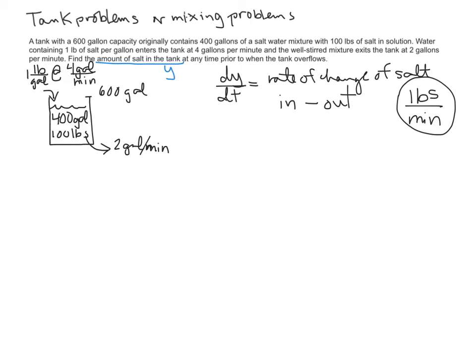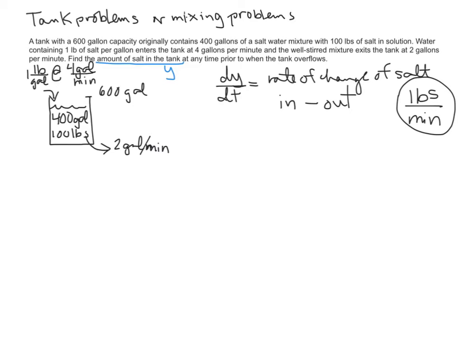That when we look at what's going into the tank versus what's going out of the tank, we want to make sure that both of those things have the units of pounds divided by minutes. Okay, so notice that in the picture up here, I've got these two things next to each other. And if you multiply them, the gallons would cancel and we get pounds per minute. Boom, that's what's going into the tank.